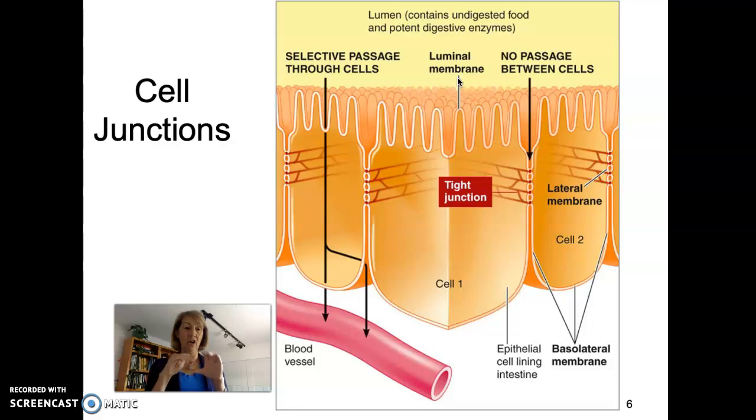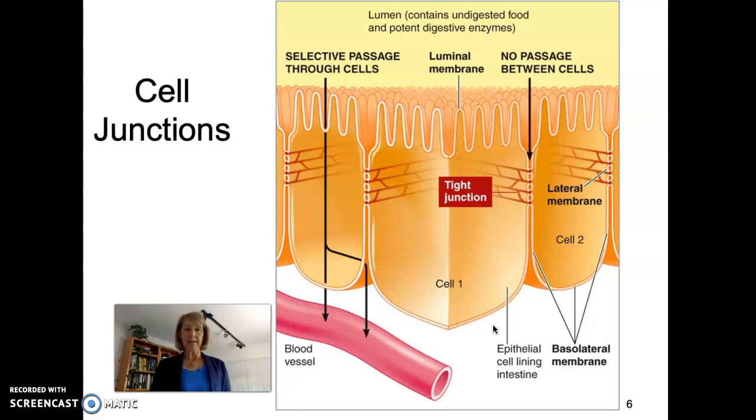So if you have an intestine, the hollow part is the lumen. That is the luminal membrane. And then the cell's going to go deeper, right? It's 3-dimensional. And on the base here is the basolateral membrane. So that's just, are you talking about a cell that is facing the inside of the hollow part, or is it facing outside, essentially?